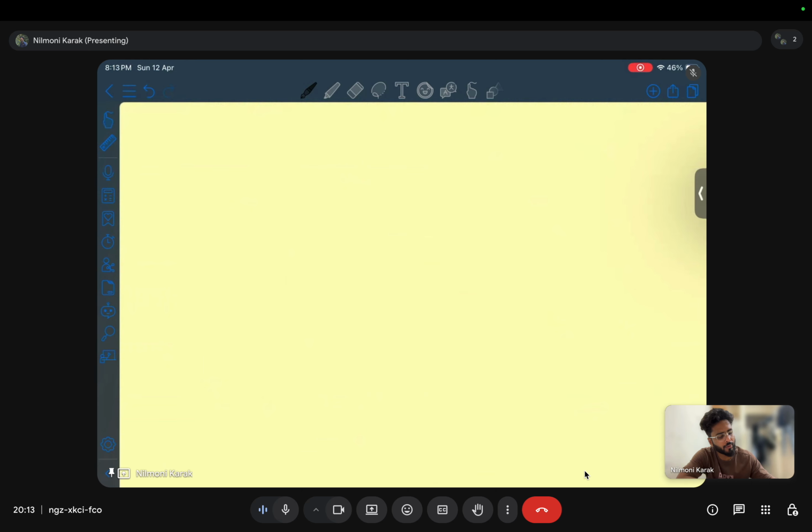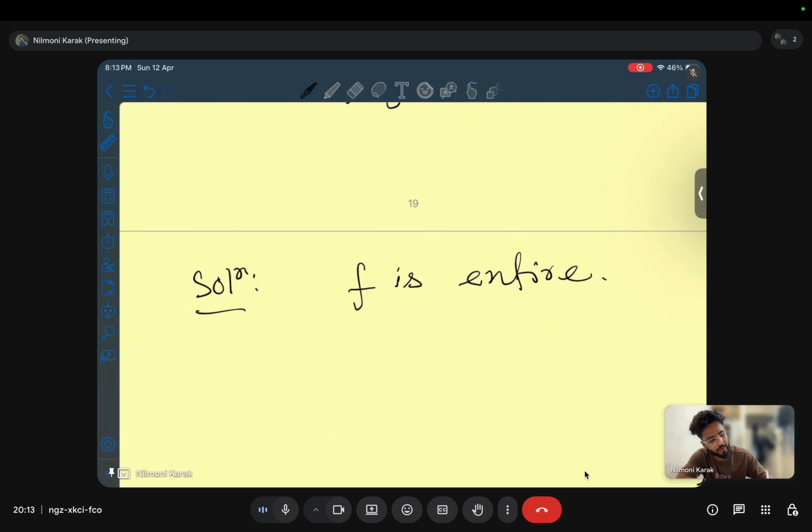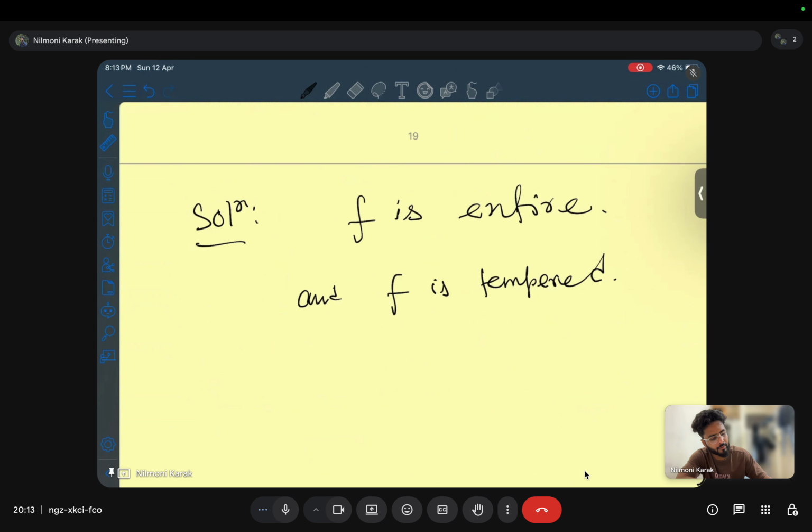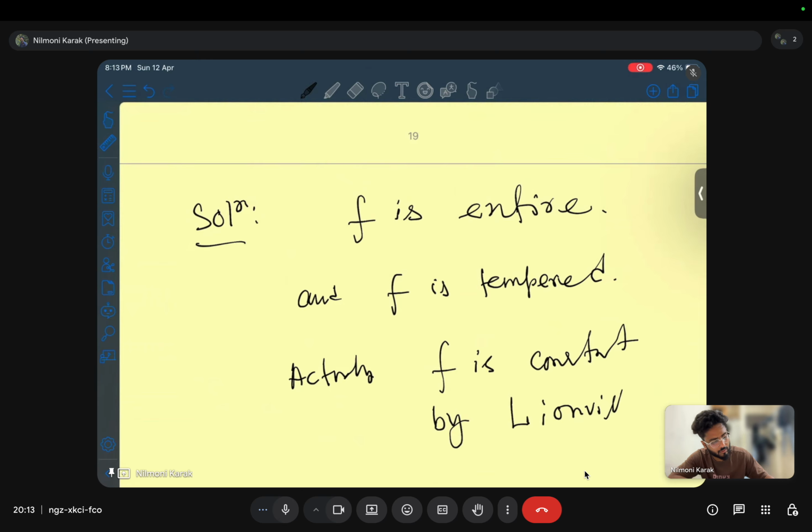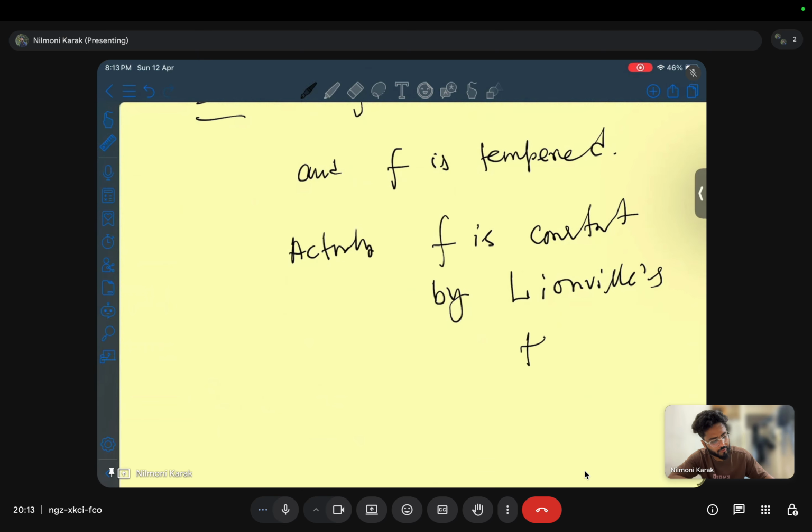So f is entire and f is tempered. Actually f is constant by this theorem.